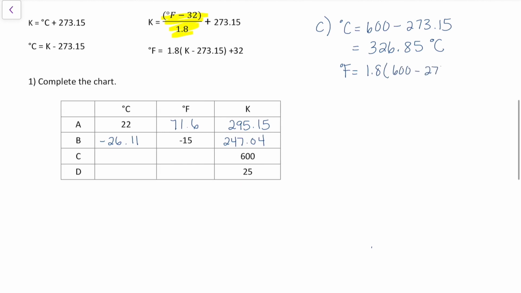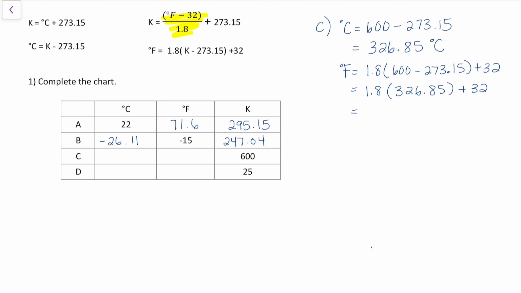And if I want to go to Fahrenheit, I'm going to do 1.8 times the quantity 600 minus 273.15, plus 32. So using our order of operations, I have to do the inside of the brackets first. So I'm going to do 600 minus 273.15 to get 326.85.